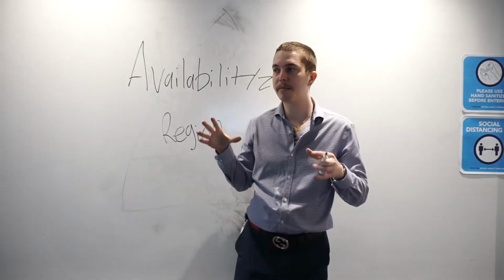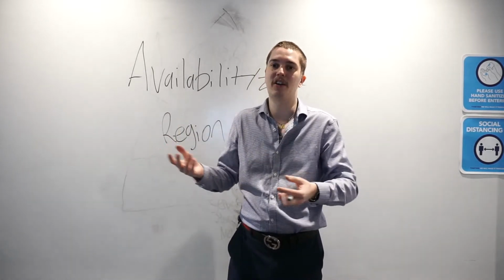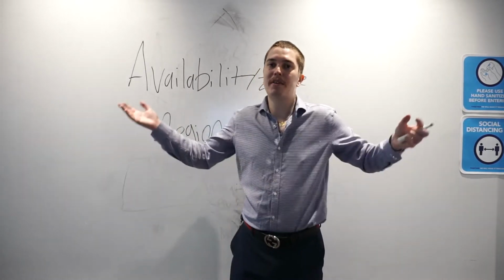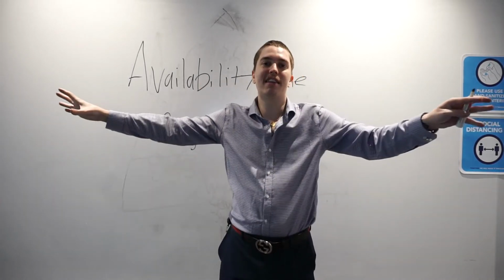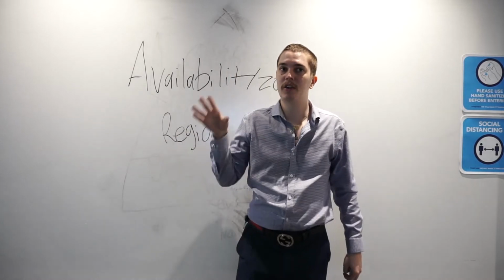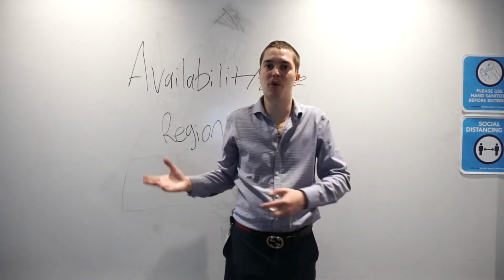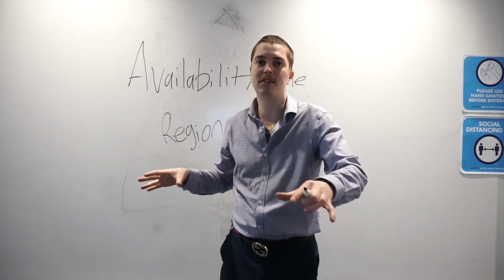If something were to happen there, maybe a power outage, or maybe even a disaster like an earthquake or anything, any hectic thing that can happen, and that data center goes down for whatever reason, all of your data is already replicated to another one. So it's okay, there's still a few other ones that you have information on.